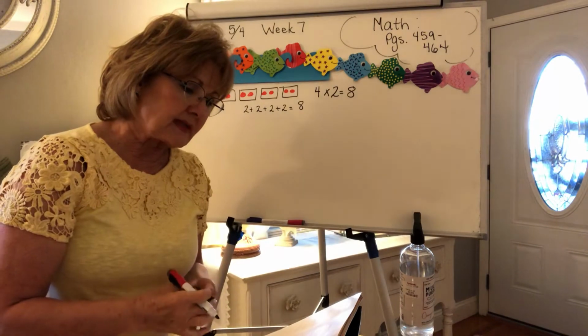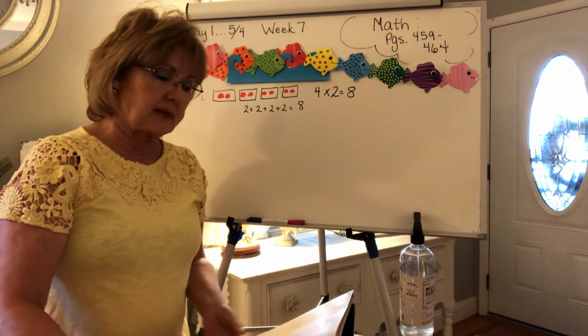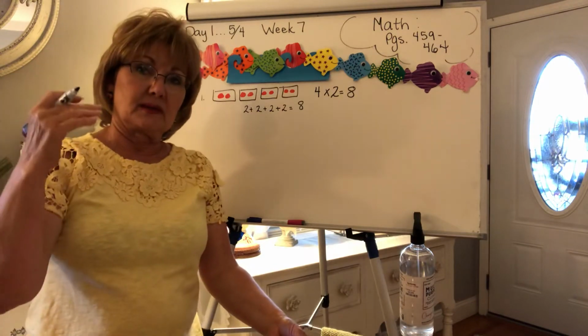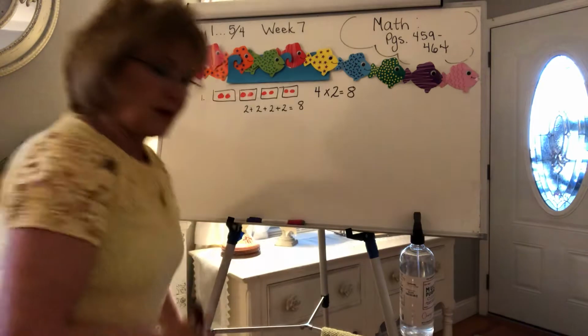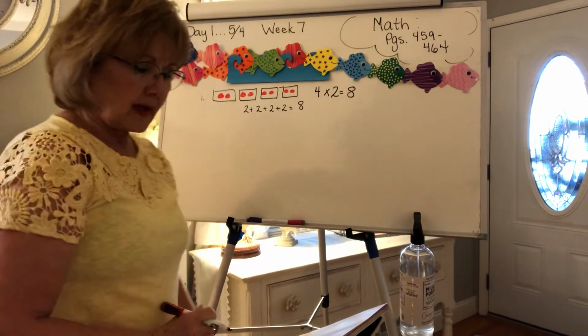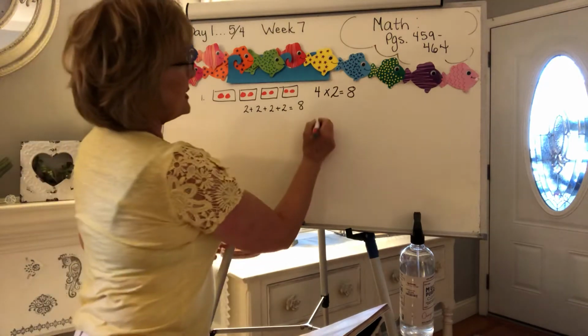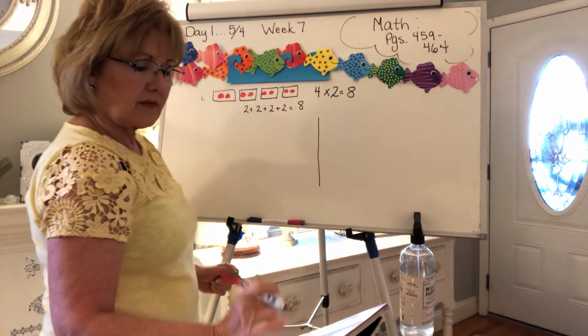Now, for number 2, it says skip count by 2s to find the product. 3 times 2. Write that number, counting by 2s. All right, and the next one you have an array. Okay, how many rows are going down, people? Count that. 1, 2, 3, 4, 5.